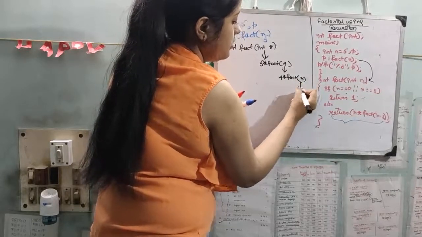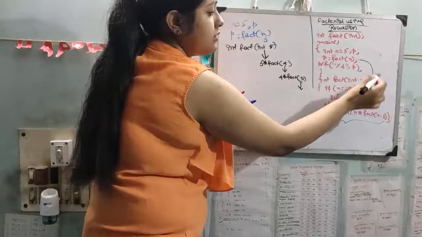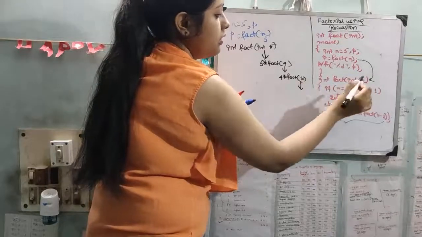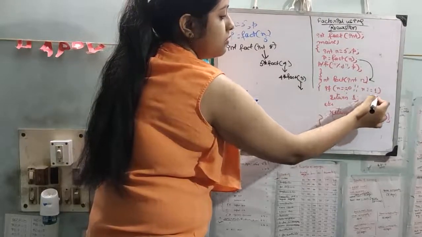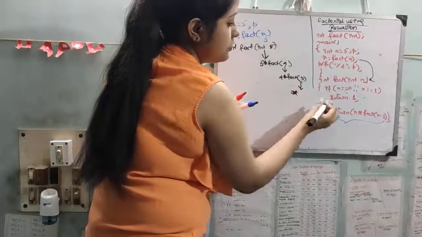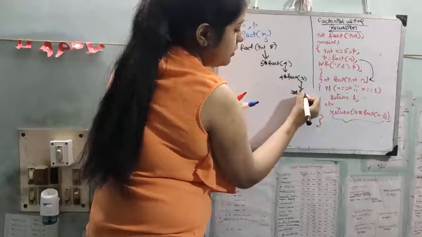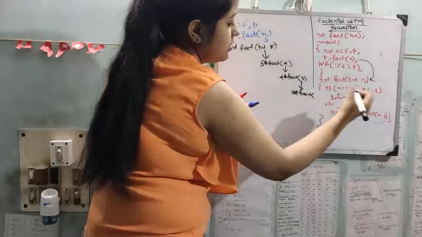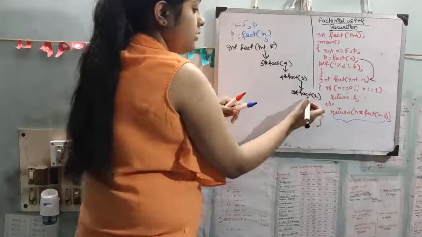So again factorial of 3 is called. 3 is not equal to 0 nor 1. So 3 into factorial of 3 minus 1, 2 is called.